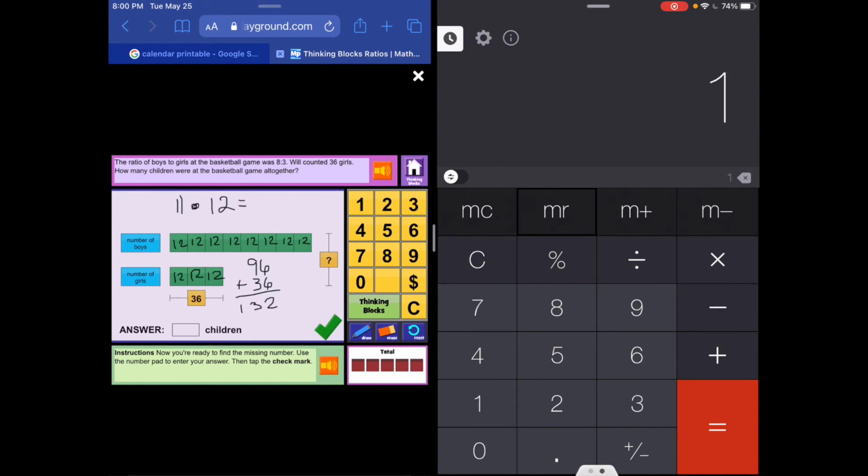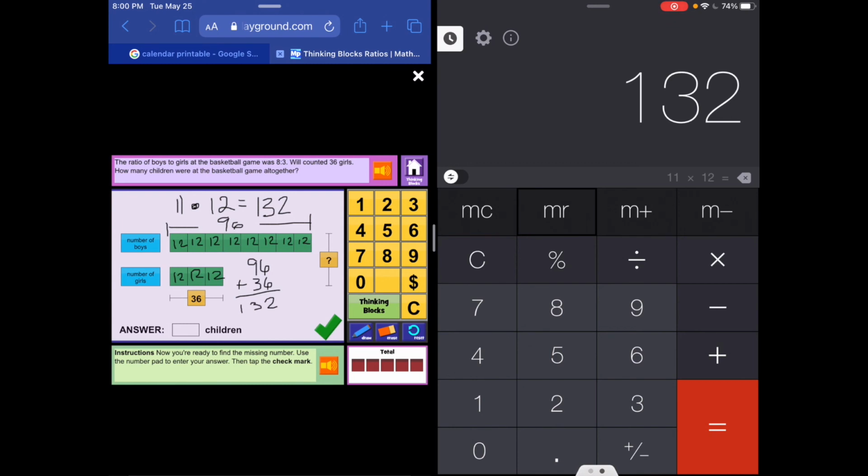I'm going to put that in my calculator. 11 times 12. I'm going to get the same answer. It doesn't matter if you add the top to the bottom. Again, that was 96 up here. So 96 with 36, 96 boys plus 36 girls. Or if you say we have groups of 12 and there are 11 altogether, 11 times 12. So my answer is 132.